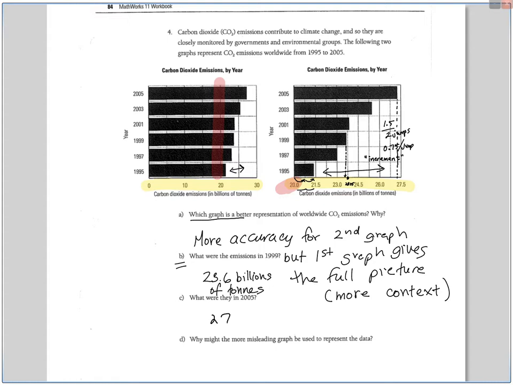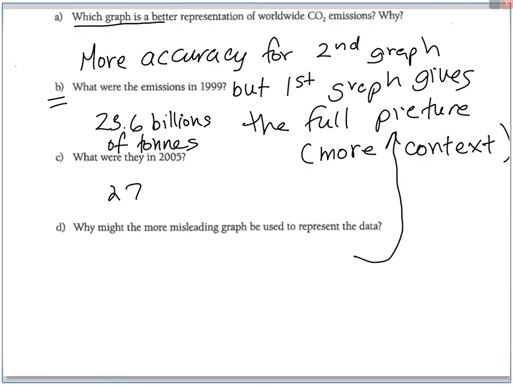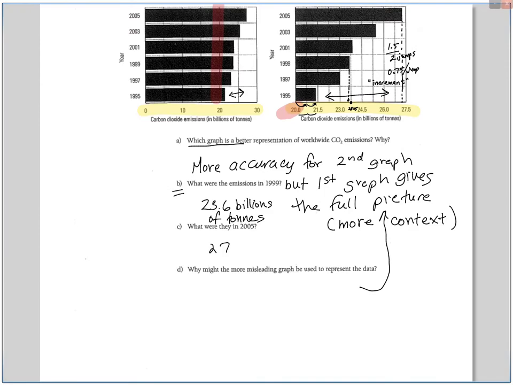And why might the more misleading graph be used to represent the data? Well, that's what we put for this. Or no, what are they trying to get at here? Why might the more misleading graph be used to represent the data? I think that's the second graph, the one that's more accurate, but it's misleading.